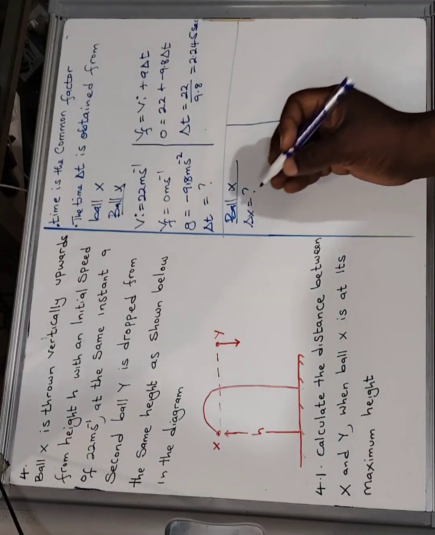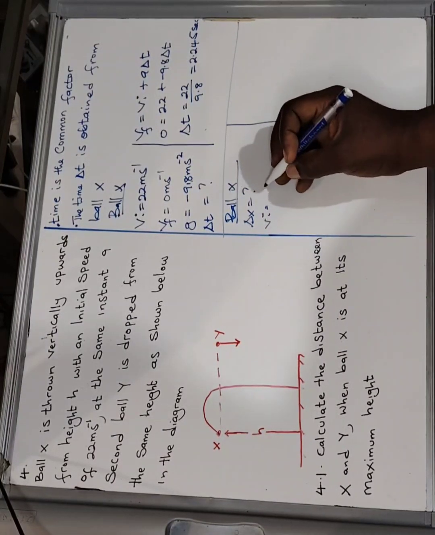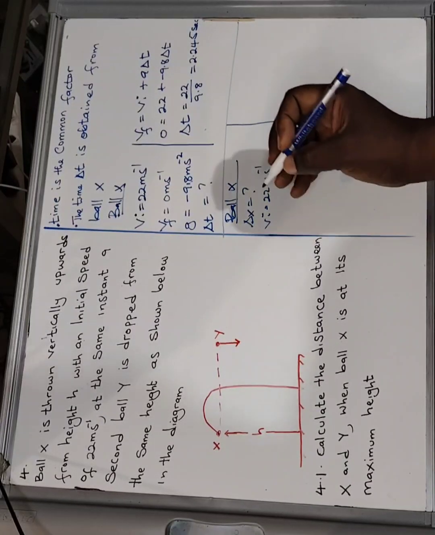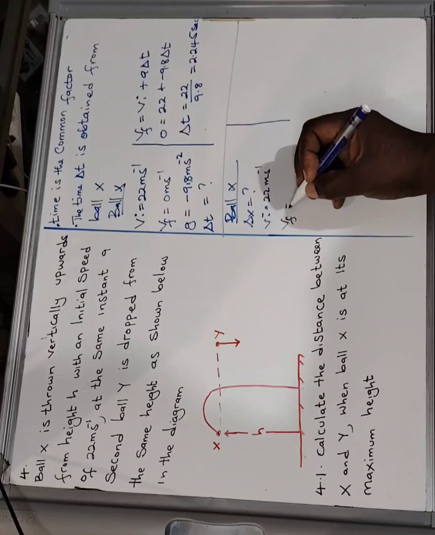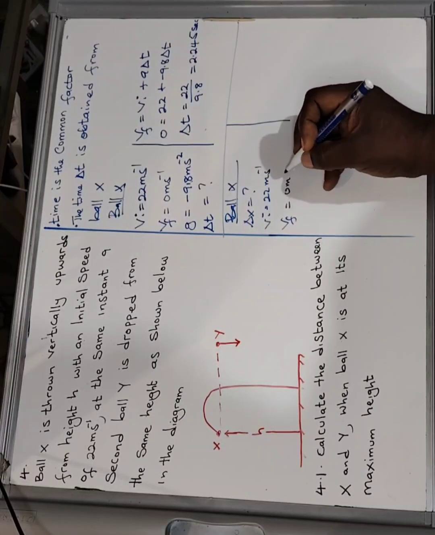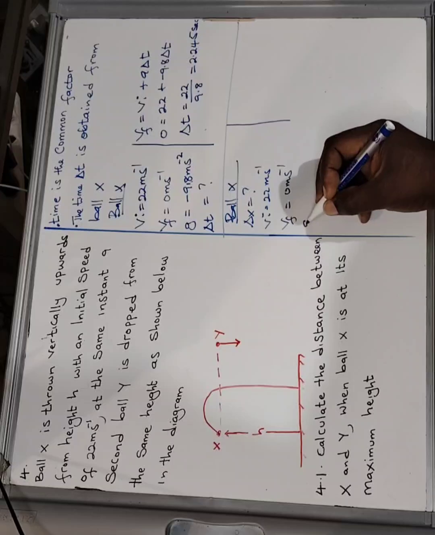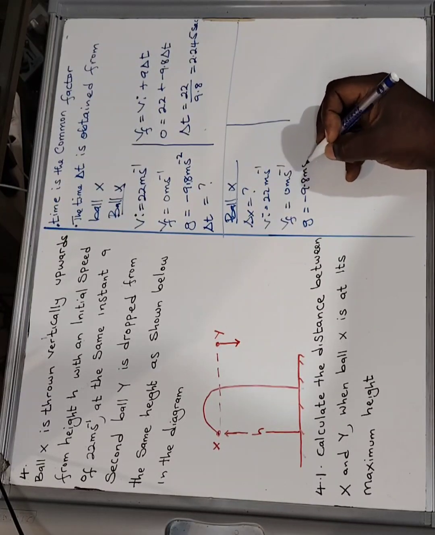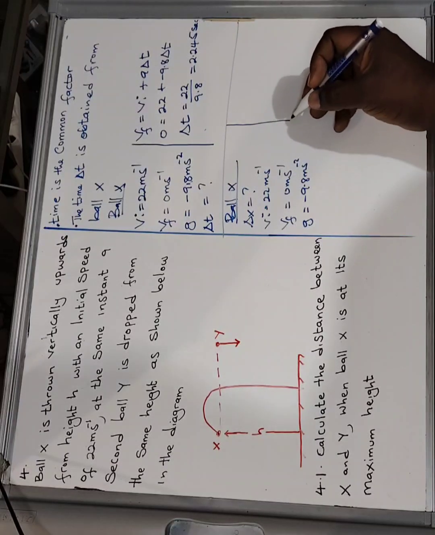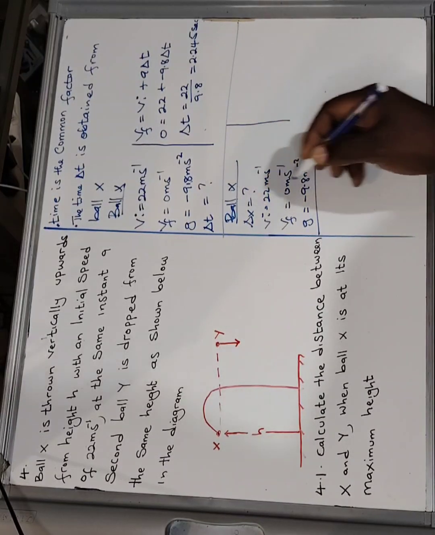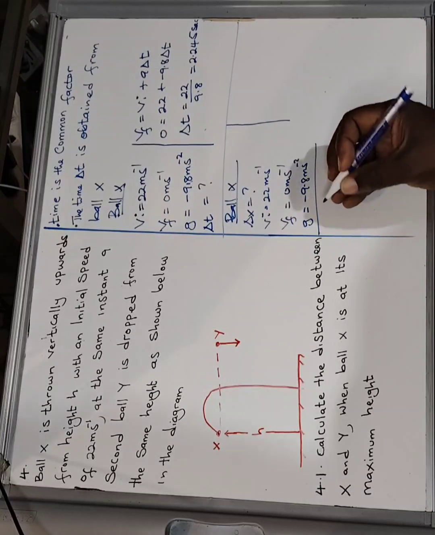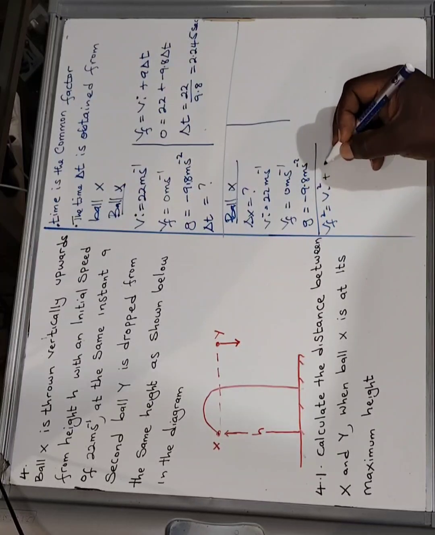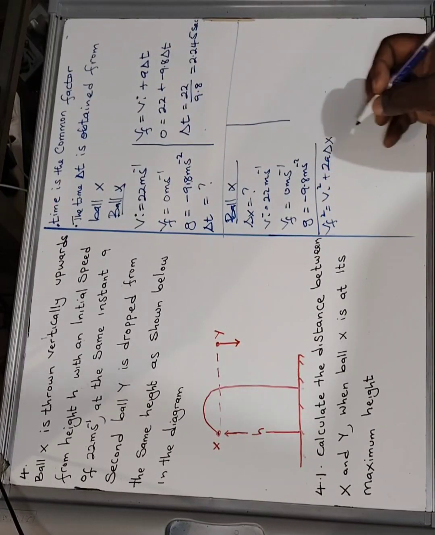What do we know? We know Vi, which is 22 meters per second. We know Vf, which is 0 meters per second. We know g, which is negative 9.8 meters per second squared. Now, when you look at this data, what equation is this one? It's the second equation, saying that Vf squared is equal to Vi squared plus 2a delta x.